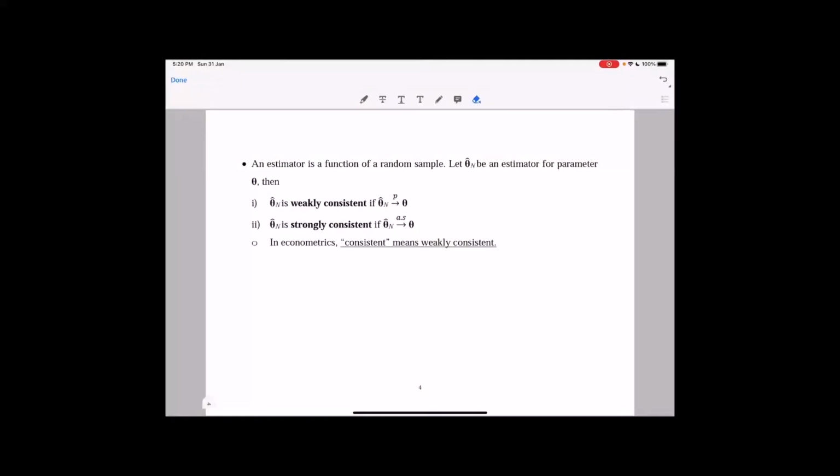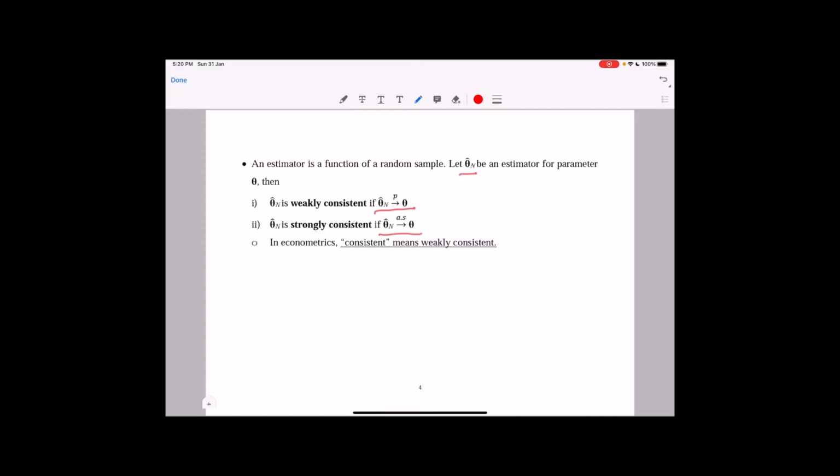An estimator is a function of a random sample. Let theta hat be an estimator for parameter theta. Then we call it weakly consistent if the probability limit of theta hat is theta. And we say theta hat is strongly consistent if theta hat converges almost surely to theta.